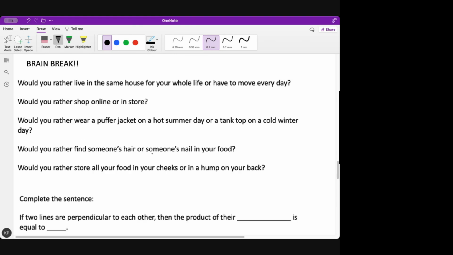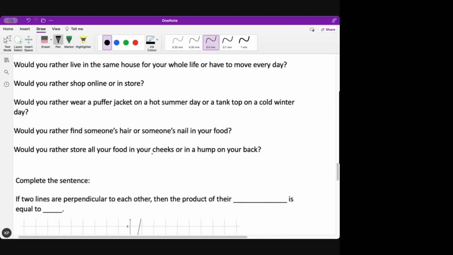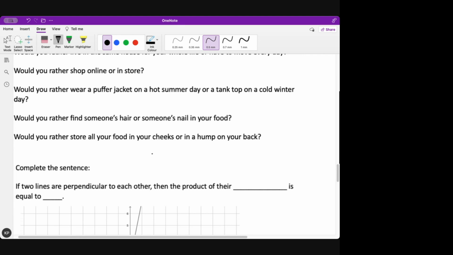Okay, guys, let us continue. So let's complete the sentence to defrost our brains again. If 2 lines are perpendicular, then the product of their what? The product of their what? The product of, guys, what were we multiplying this whole time?